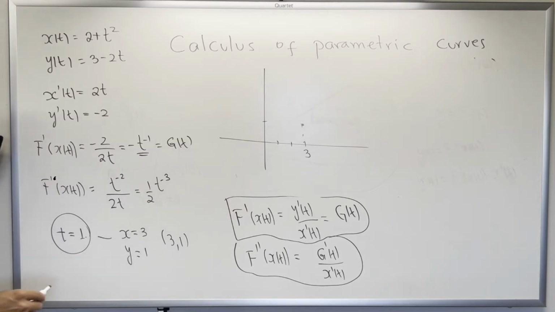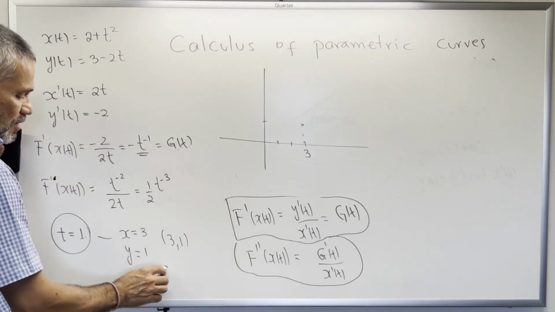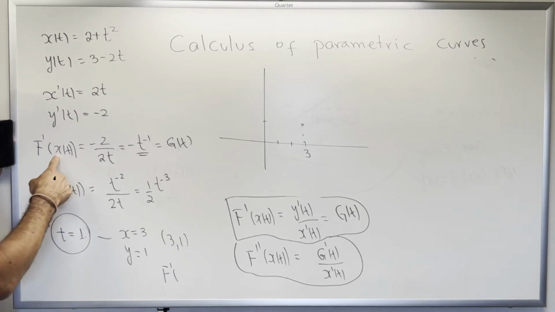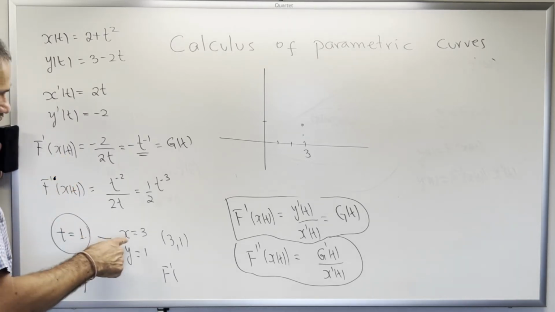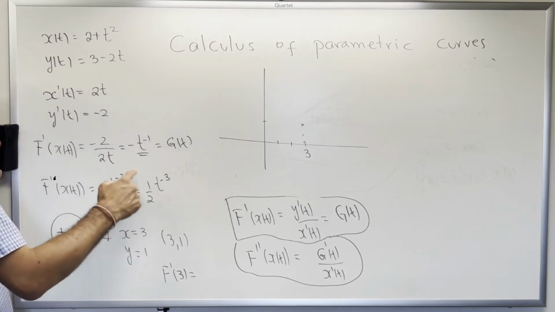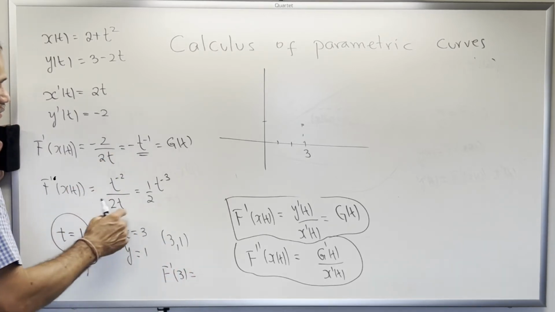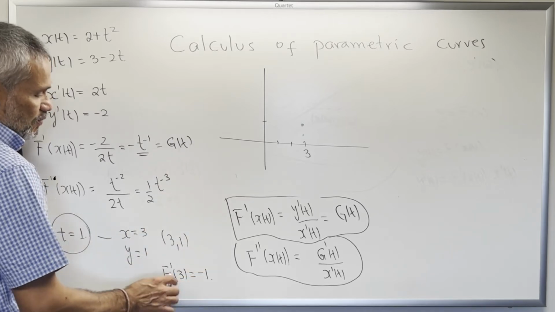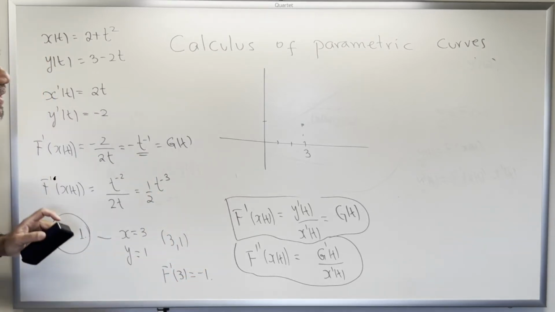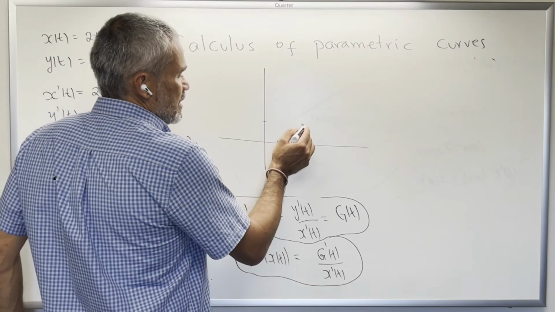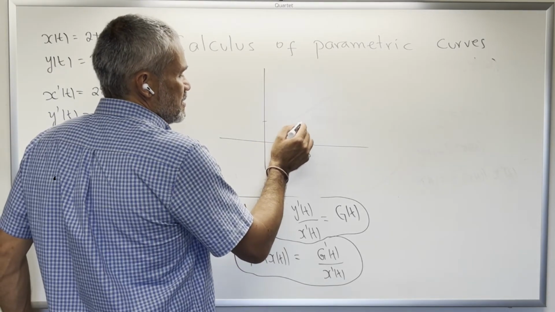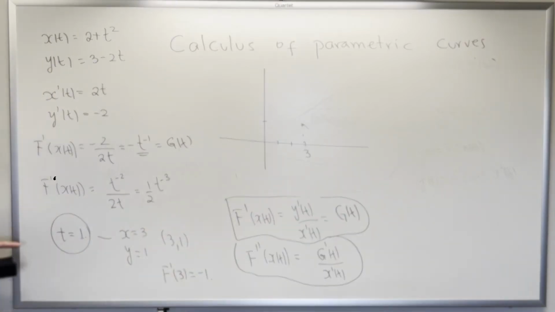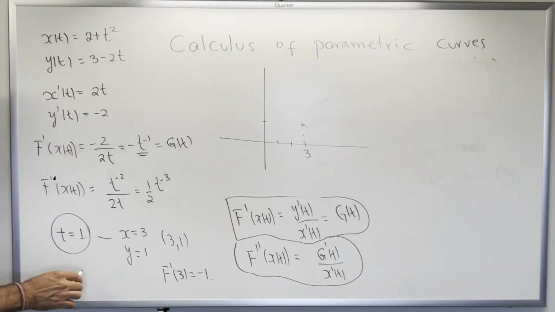Then the first derivative f prime at this point, at x equal to 3, where t is 1, would be negative 1 to the negative 1, which is just negative 1. That means that the function has a negative slope, it goes like this. Slope negative 1 is going down. And let's see the second derivative.